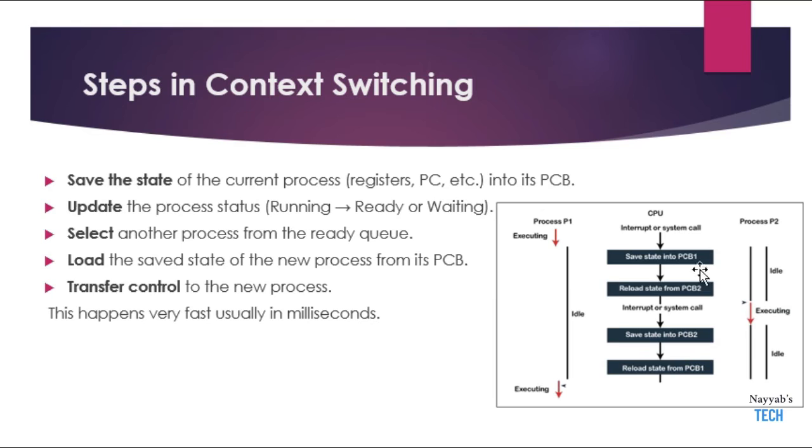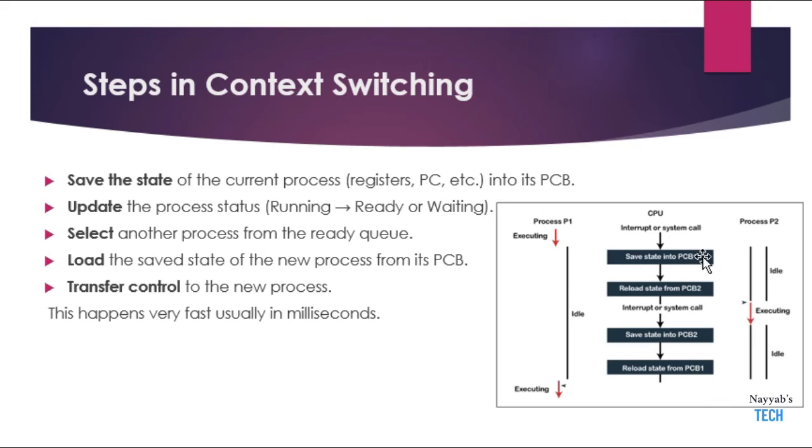First, it saves the state of the current process and updates the state from running to ready, and then it selects and reloads the state from the PCB, and then transfers the control to the new process.